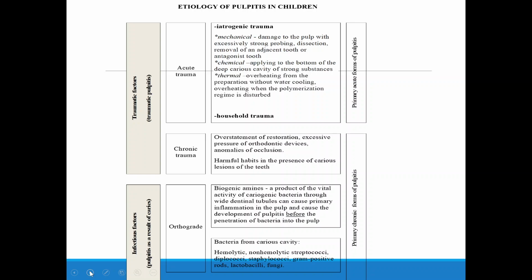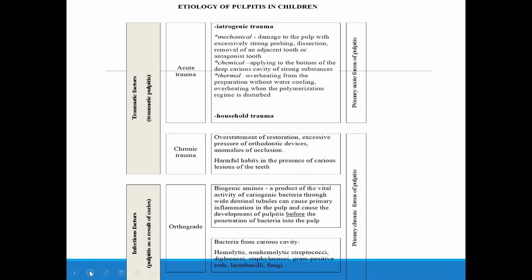Orthograde, of course, is the most prevalent reason for pulpitis, and it is infection factors. It's bacteria from the caries cavity. It can be hemolytic or non-hemolytic streptococci, diplococci, staphylococci, gram-positive rods, lactobacilli, fungi.